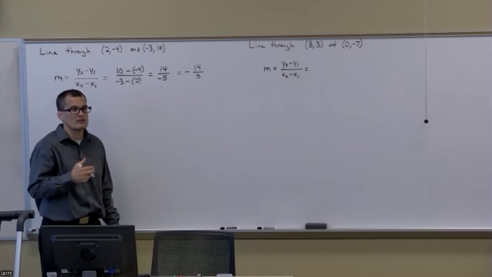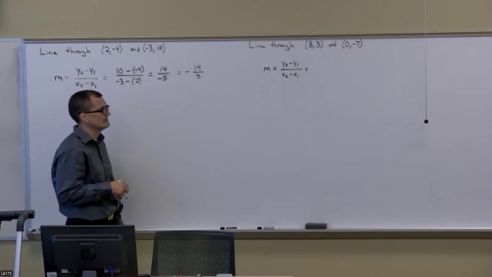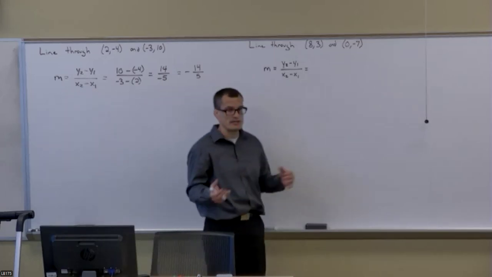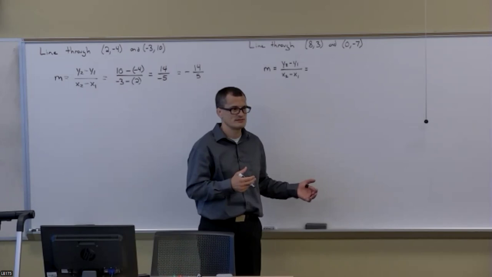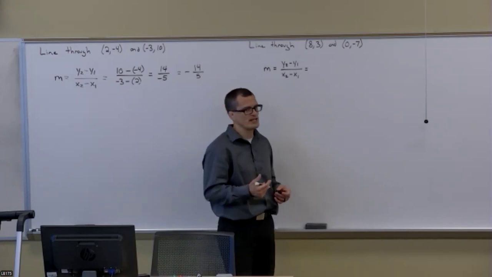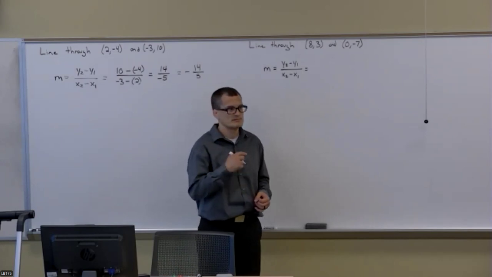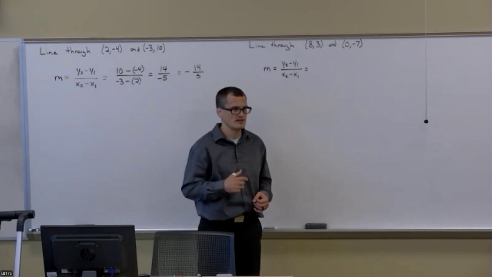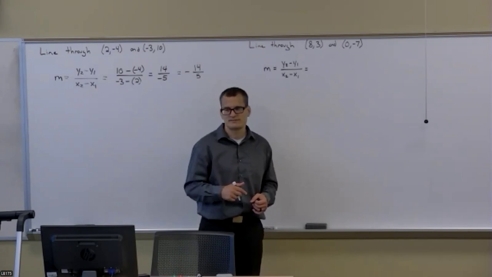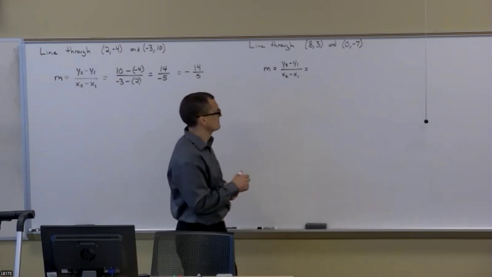I tend to write more steps when I'm writing things on the board, just so that if you're looking back, you can see what you did, like see why you went where you did. And that's the same thing if you're taking notes, right? If you're taking notes, you want to take more steps rather than less, right? Write down more steps than you think you need. And that way, when you look back at your notes, you can see what you're doing.